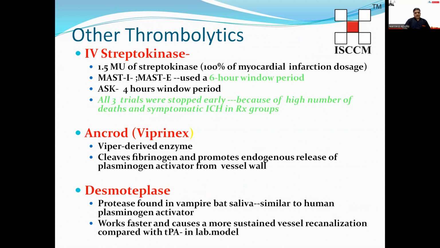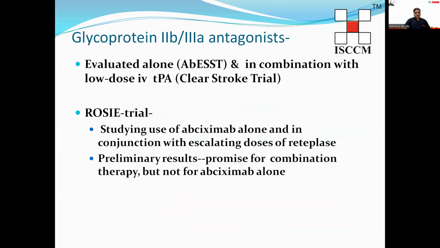Desmoteplase, a protease found in vampire bat saliva, is similar to human plasminogen activator, works faster and causes more sustained vessel recanalization compared with tPA in lab models.